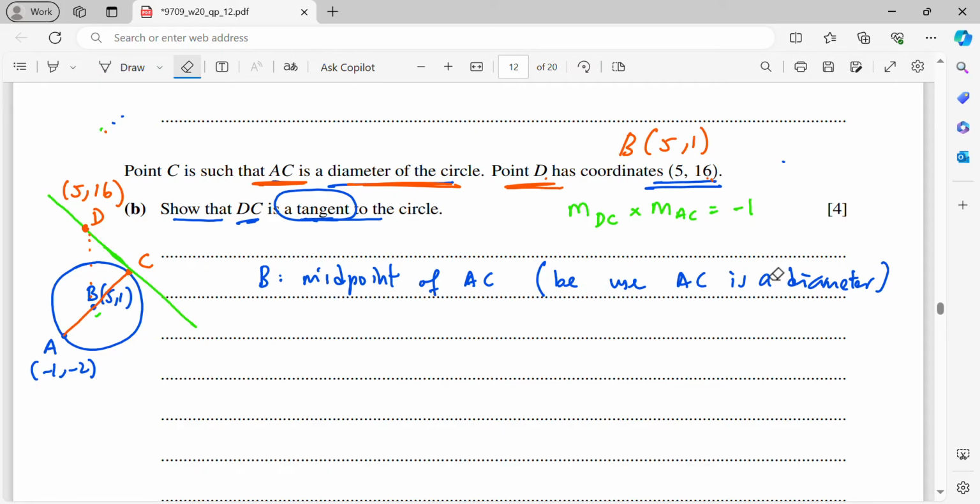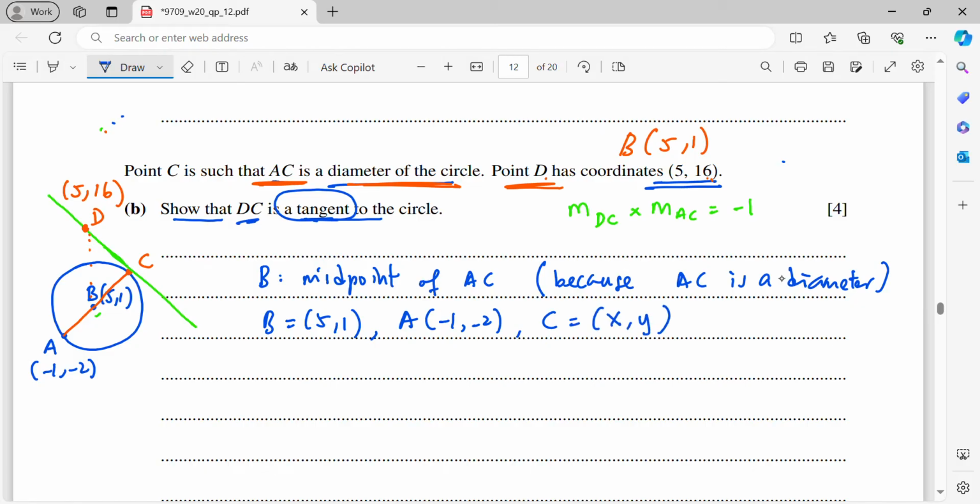That's a reason. So diameter must pass through the center. Okay, so now my B with coordinates 5, 1, my A with coordinates -1, -2, then my C, let it be x, y.